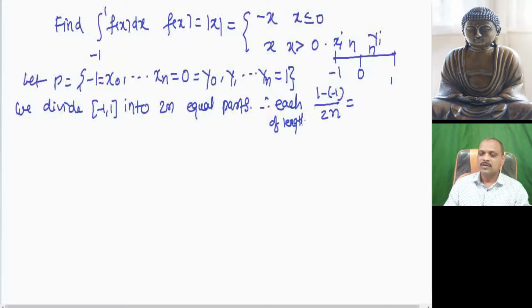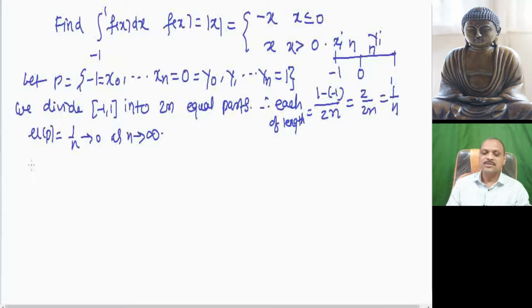So 2 divided by 2n is equal to 1 by n, and obviously you can see that the maximum length is 1 divided by n, which tends to 0 as n tends to infinity.